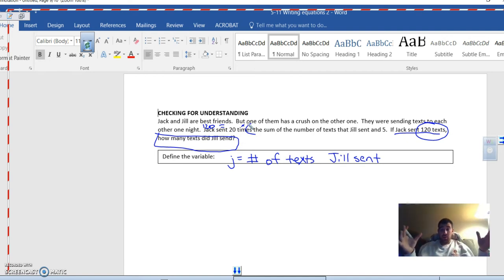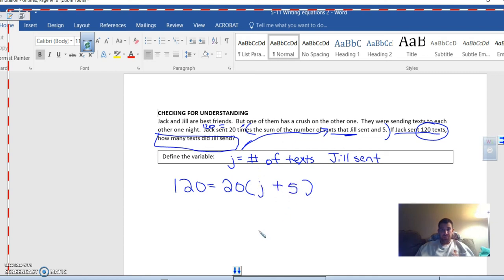That's where we need the parentheses. 20 multiplied by the sum, the addition, of Jill's texts, which would be J, and 5. So we have 120 equals 20 times the sum of J and 5.